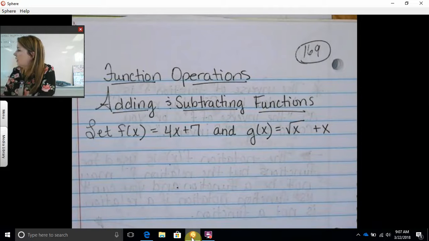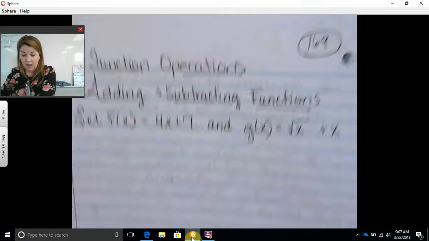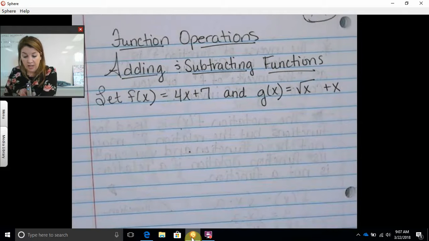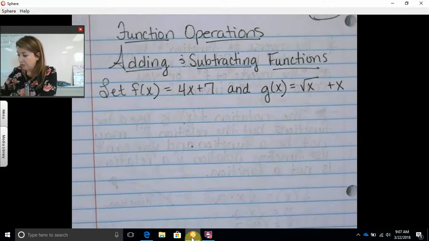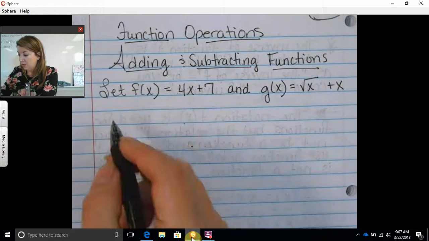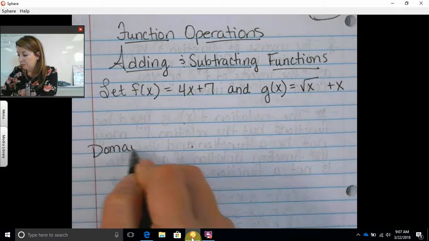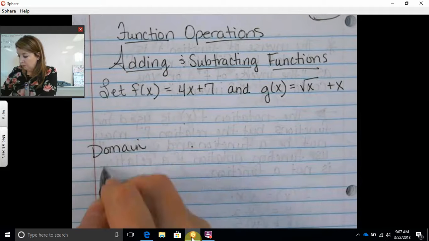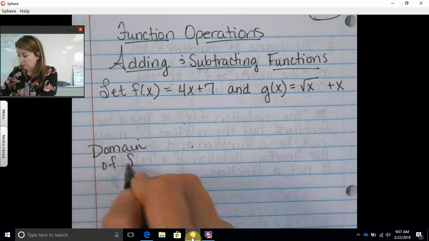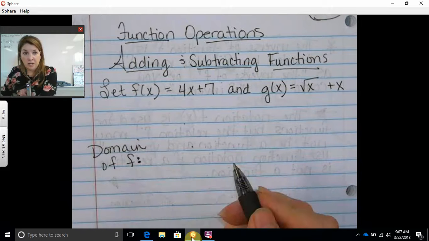And a lot of times when you work with function operations, you're going to be asked to find the domain or range. And so if we look at function f, remember domain is all possible x values.